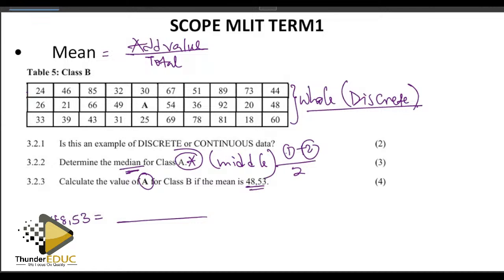So how many numbers are there? You shall say 1, 2, 3, 4, 5, 6, 7, 8, 9, 10, 1, 2, 3. Oh, there are 30 numbers. So what you do now, add all these normal numbers plus the A.